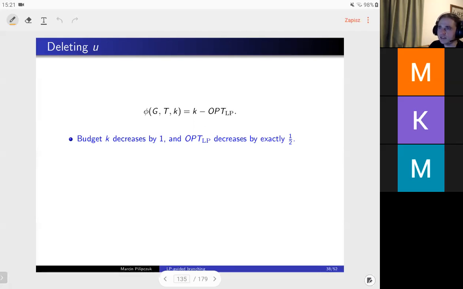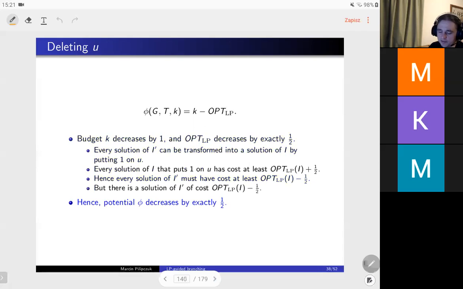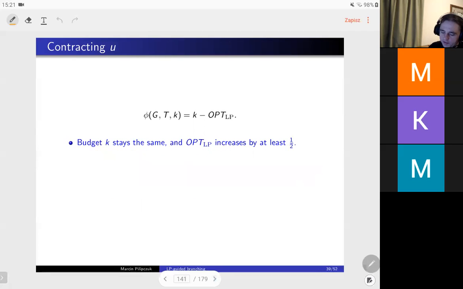So the gap decreases by half. This is exactly the same analysis as for vertex cover: forcing a vertex into the solution is like forcing the LP value to be 1, which bumps up the LP by half, and then you decrease it by 1 and k by 1 by deleting the vertex.